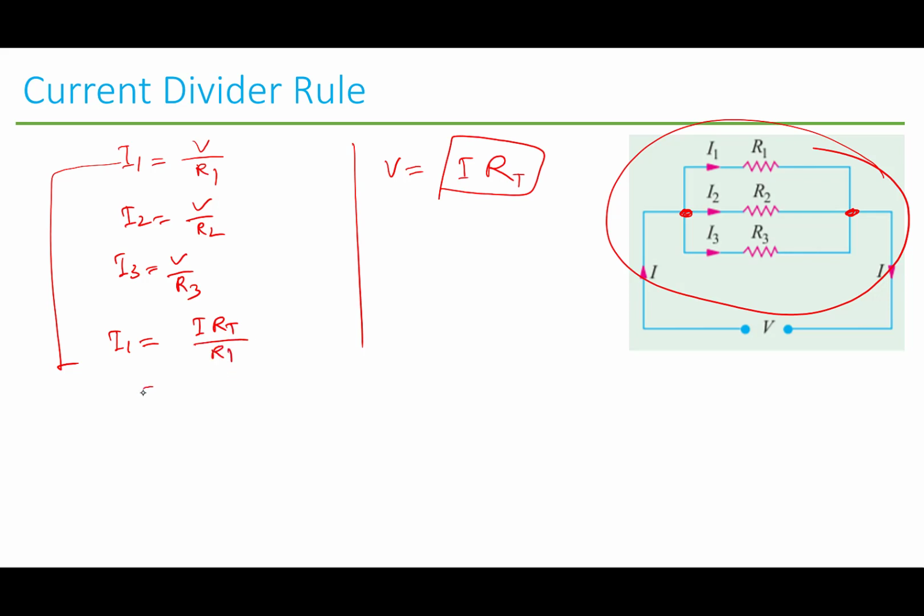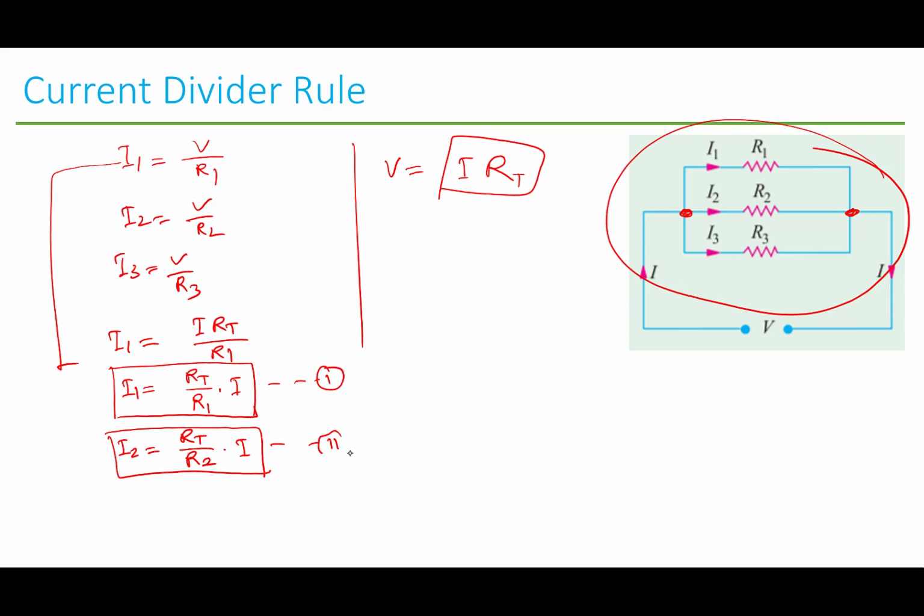In simplified form, I1 equals RT over R1 times I. This is the current divider rule. Similarly, I2 equals RT over R2 times I, and in this way I3 equals RT over R3 times I.